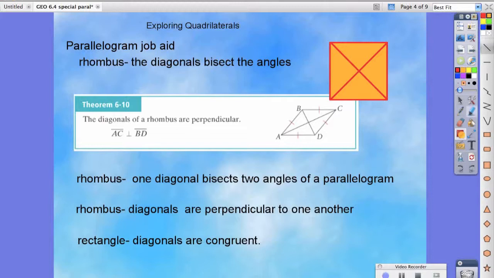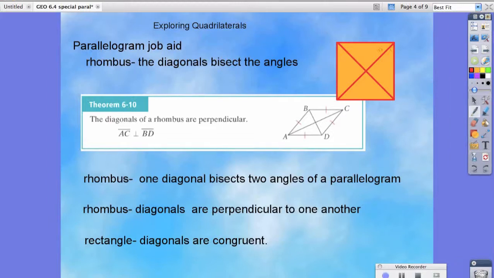So what that means here is that this angle and this angle are congruent, and this angle and this angle are congruent, and this angle and this angle are congruent, and so are these two. So that was Theorem 6.9.